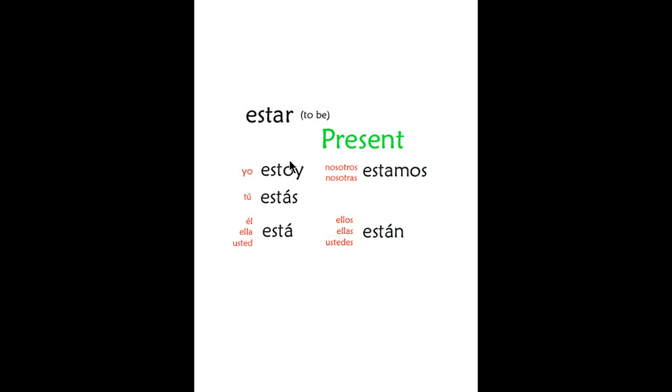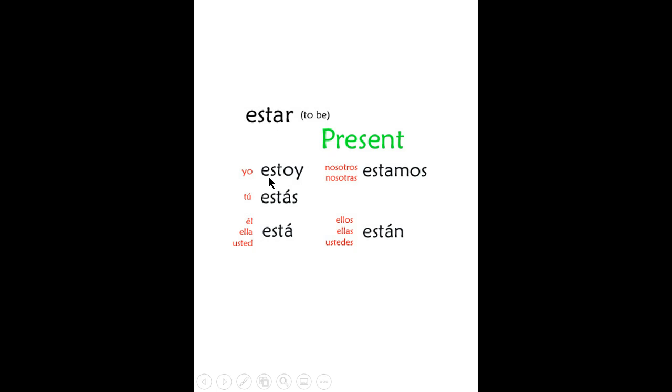Remember, with AR verbs, the way that you conjugate them in the present tense is to the stem. So just a quick lesson here. Remember, the AR goes away when we get ready to conjugate the verb. What is left is called our stem or root of the verb.